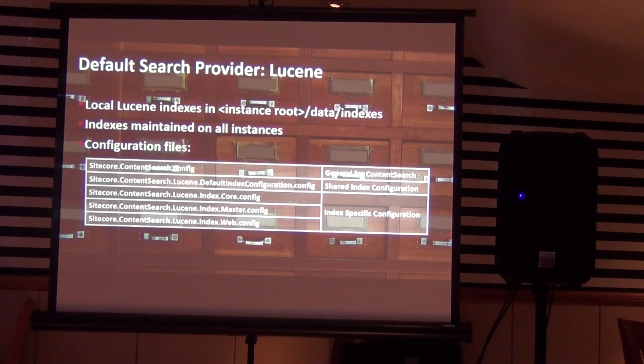So if you have a multi-instance setup, then you need to maintain indexes on all of them, which of course is a sort of a shared overhead for the same mechanism. On most installations this is not a big problem, and absolutely fine. And we'll talk about what you can do for scaling, what your options are a little bit later.